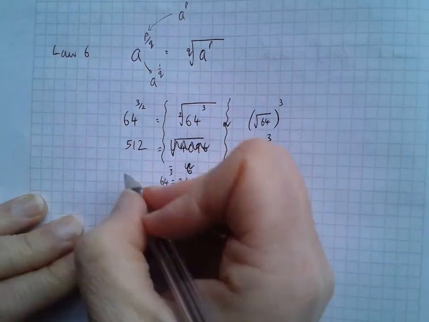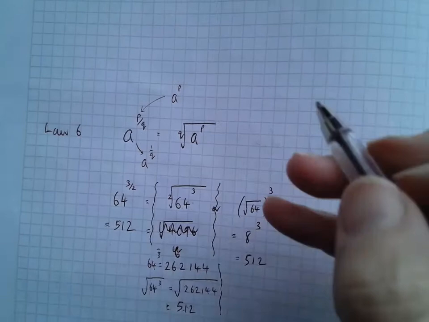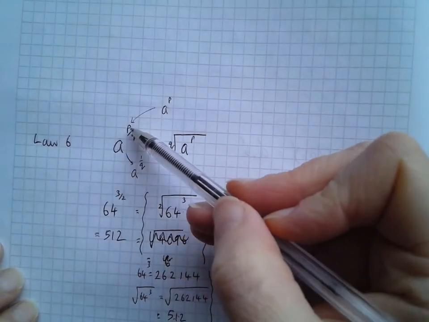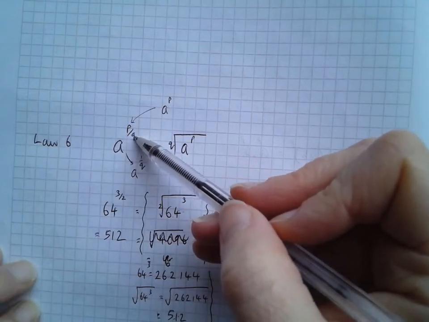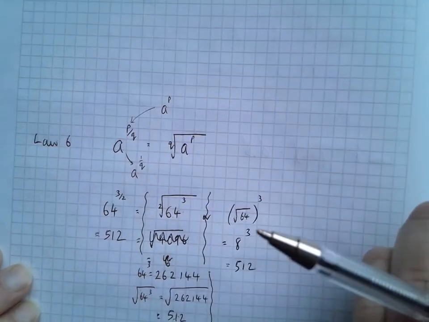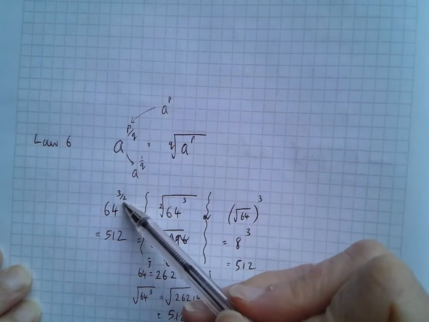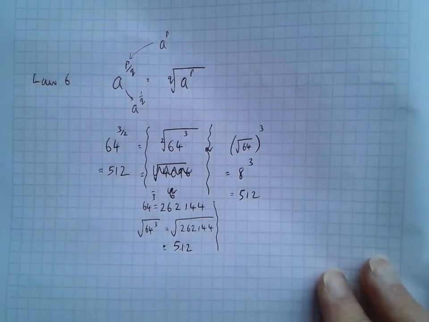We get 512 each time. So what is happening here is that when we have a number or a letter to a power which is a fraction, not just a 1 over fraction like we had a minute ago, but two numbers like p over q, like 3 over 2, the bottom one is a root and the top one is a power that's going to make it bigger.